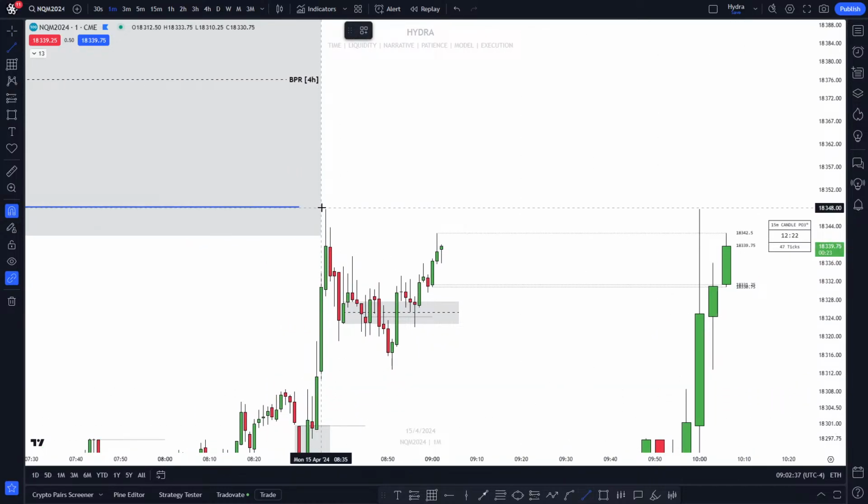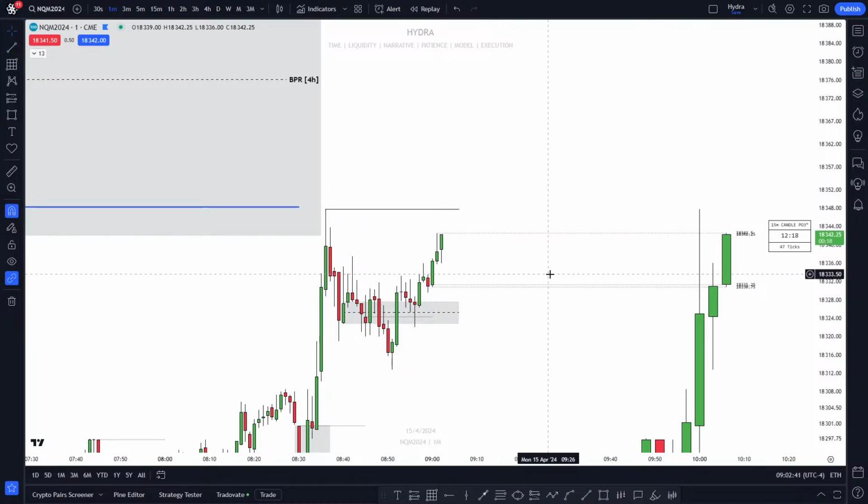So we are about to touch the low again from the weekly chart. Let's see.